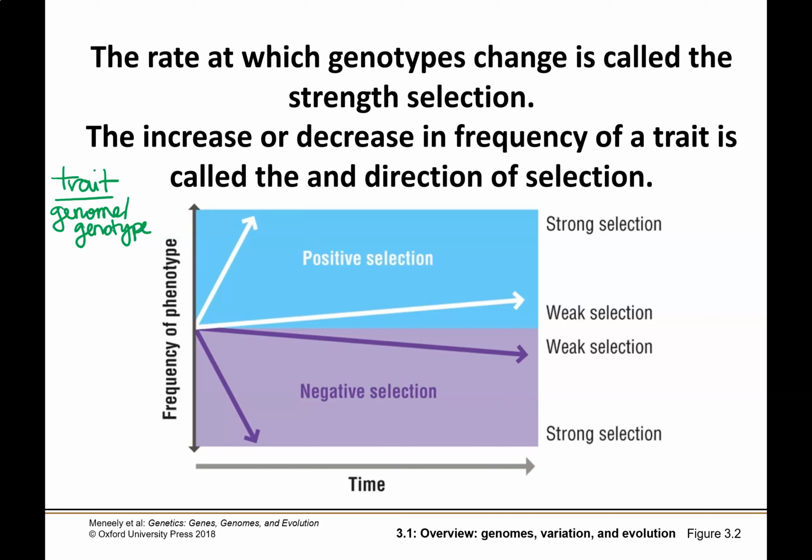Now, if we have positive selection, that means the trait increases survival. That means the trait is going to increase also. So the frequency of the trait increases. If we have very strong selection, that means that individuals have a very large advantage. That trait's frequency is going to increase in the population very rapidly.